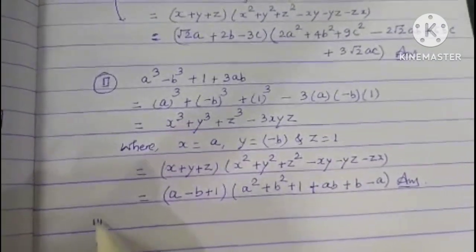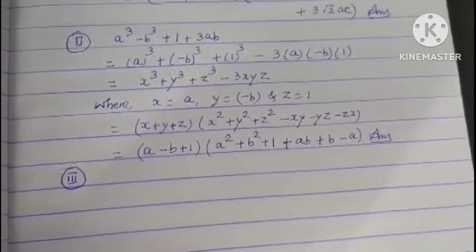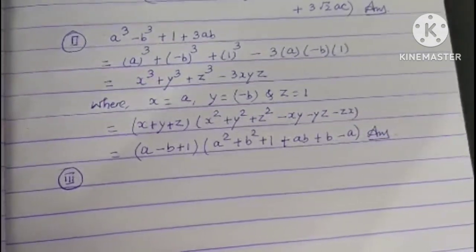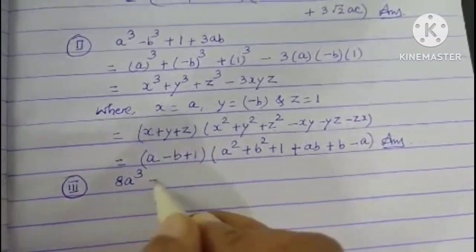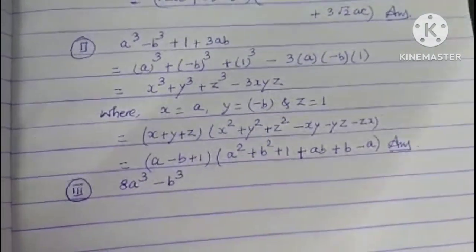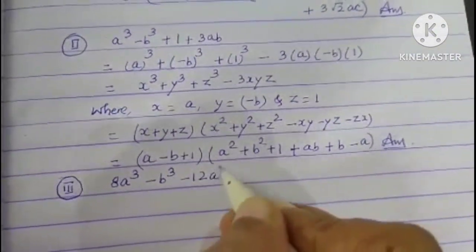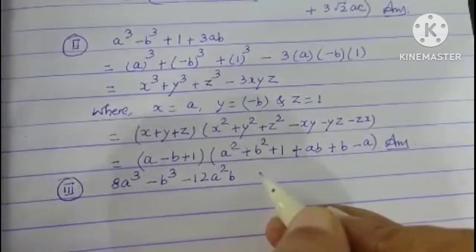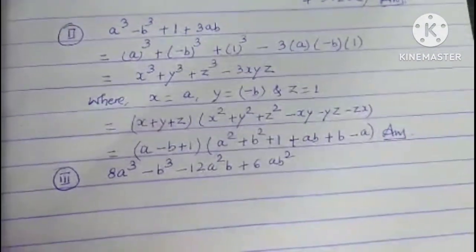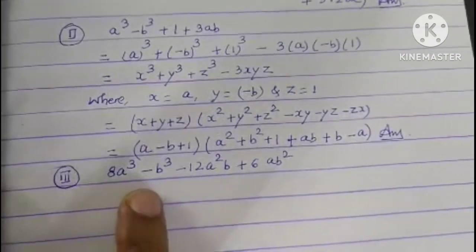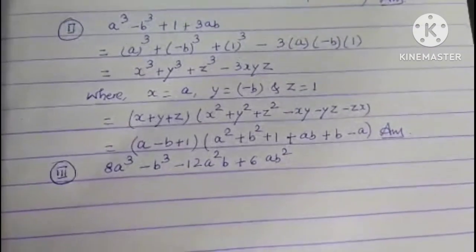Let us take a third one. Let us take this one: 8a cube minus b cube minus 12a square b plus 6ab square. 8a cube minus b cube minus 12a square b plus 6ab square.